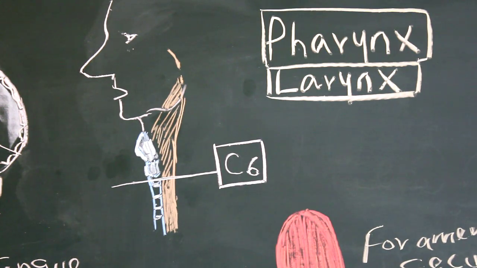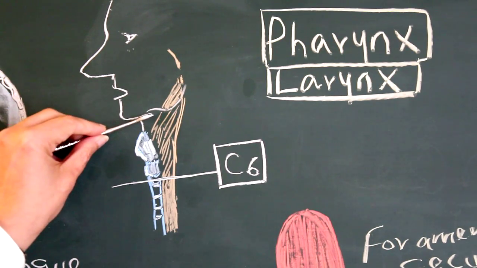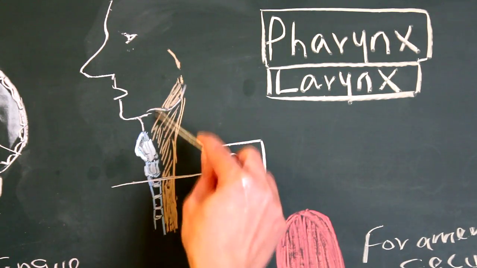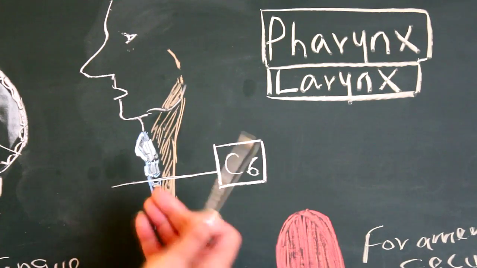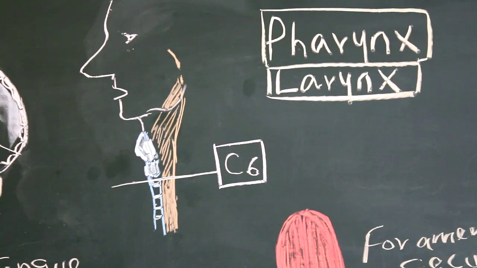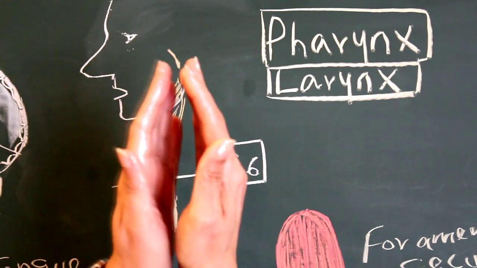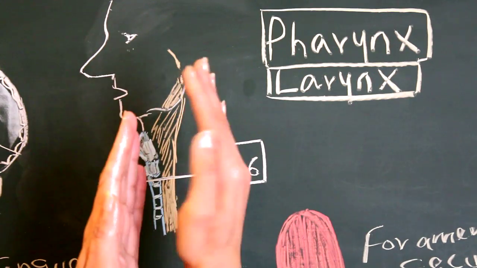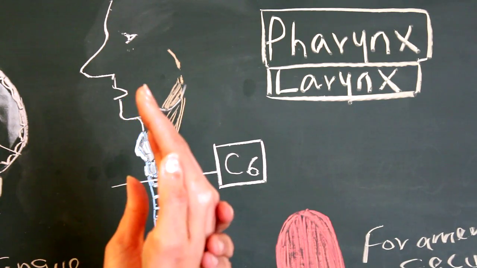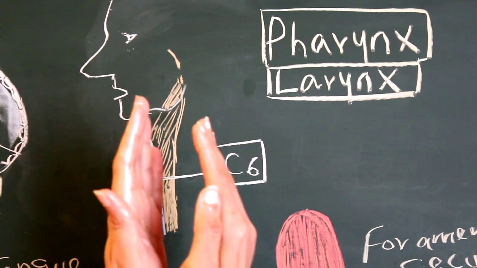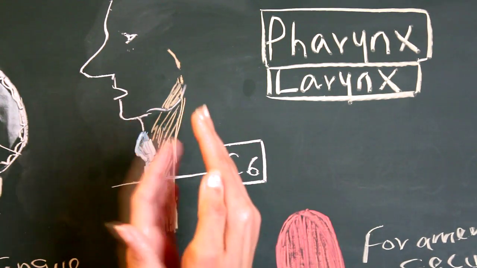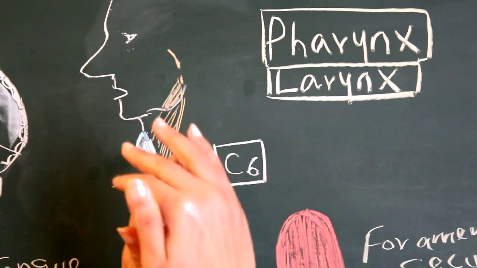Why I'm saying that they are incomplete, you can see over here that the pharynx posteriorly has a wall, but anteriorly the wall is deficient. While the larynx is the opposite. It has an anterior wall while the posterior wall is missing. So both these tubes complement each other. This is the pharynx with its posterior wall intact, made out of fibrous and muscular tissue, while the larynx, which is smaller, is made out of membranes and cartilages.